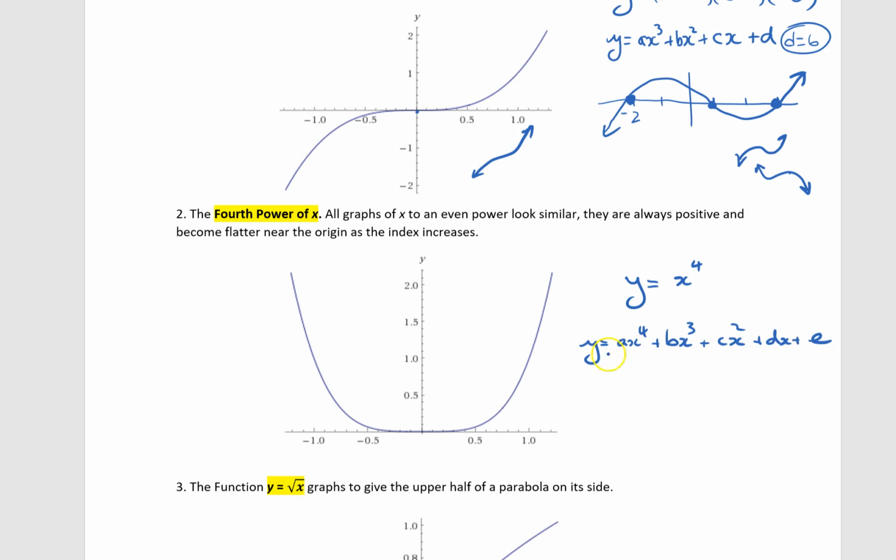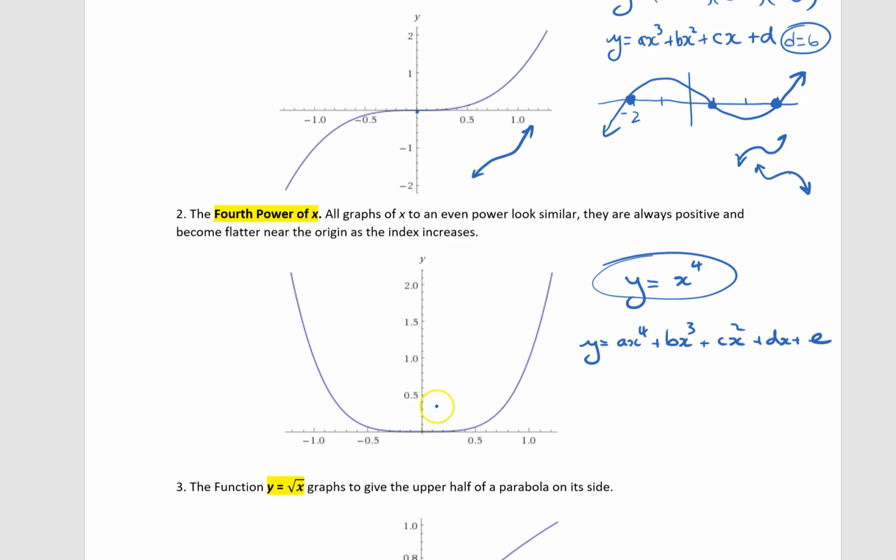Now this is much more complicated, more difficult to sketch. The very basic y equals x to the fourth power, where b is 0, c is 0, d is 0, e is 0, it graphs to a very flat bottomed parabola.